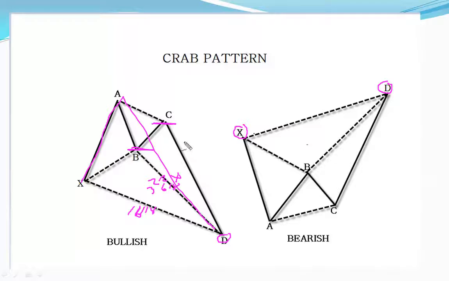So the crab pattern has a much elongated swing down into your D area. There is that type of structure, but it's not as common as the other patterns that you see out there.